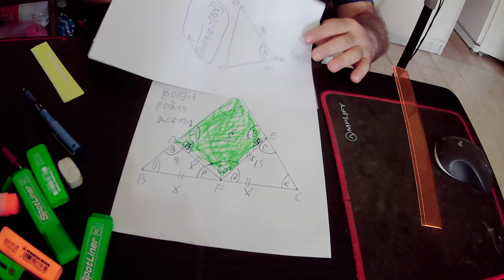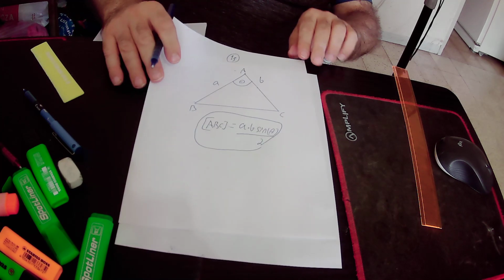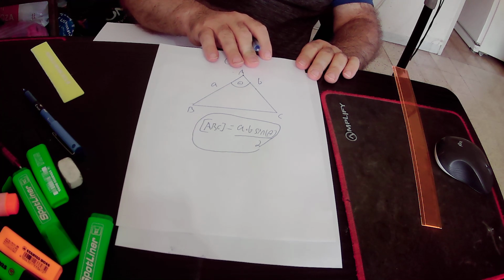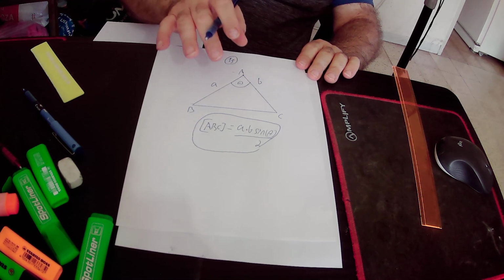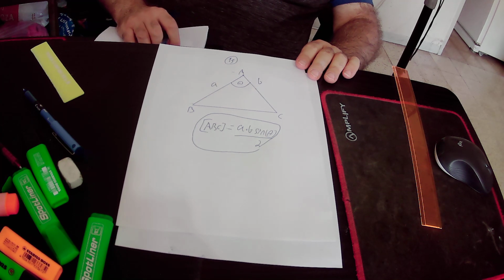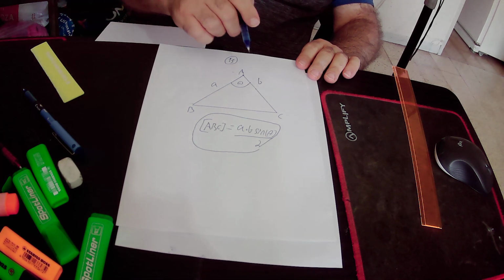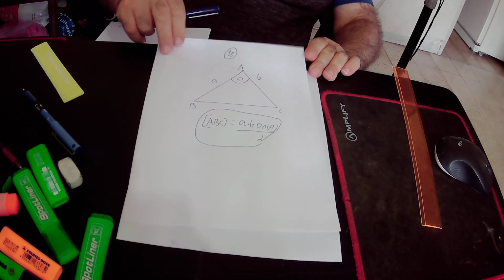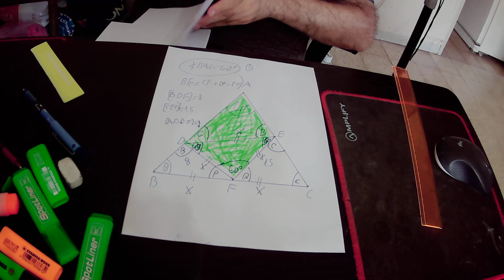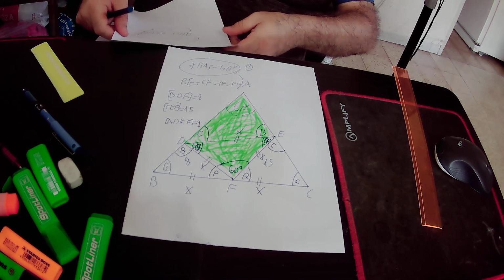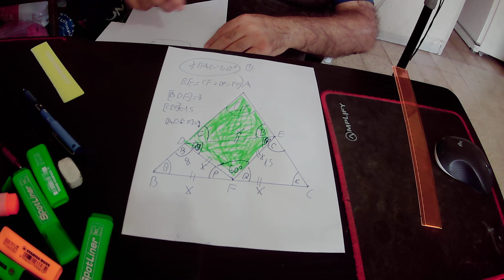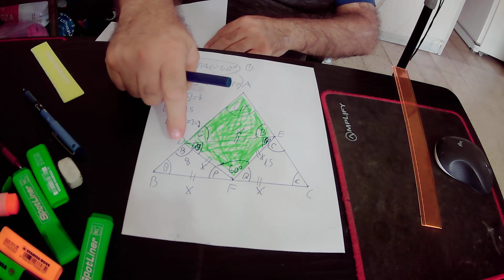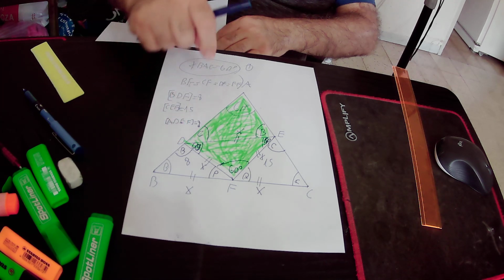The area of any triangle equals the multiplication of the two sides by each other times the sine of the angle between those two sides. So we'll use this formula in order to find out the areas of triangle EFC and triangle DFB.